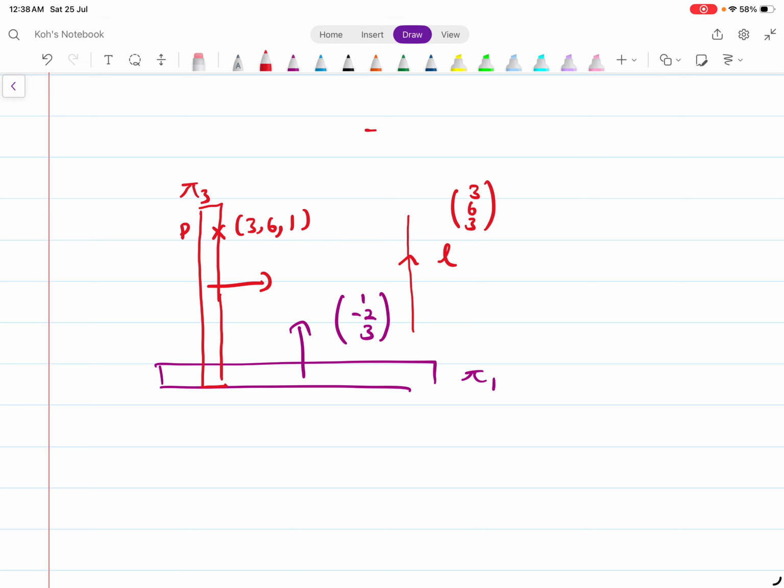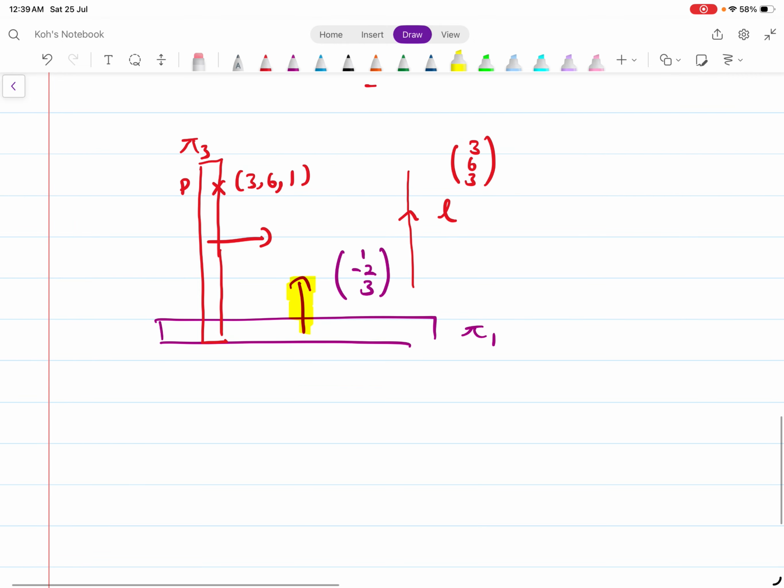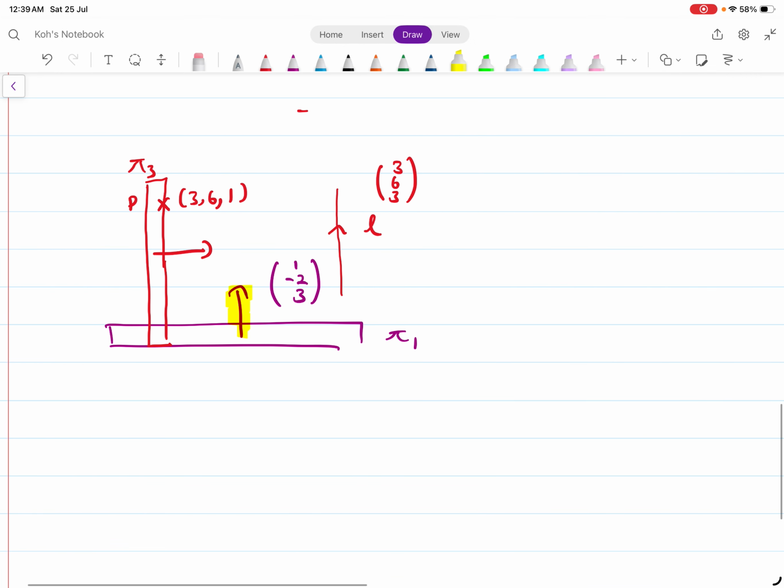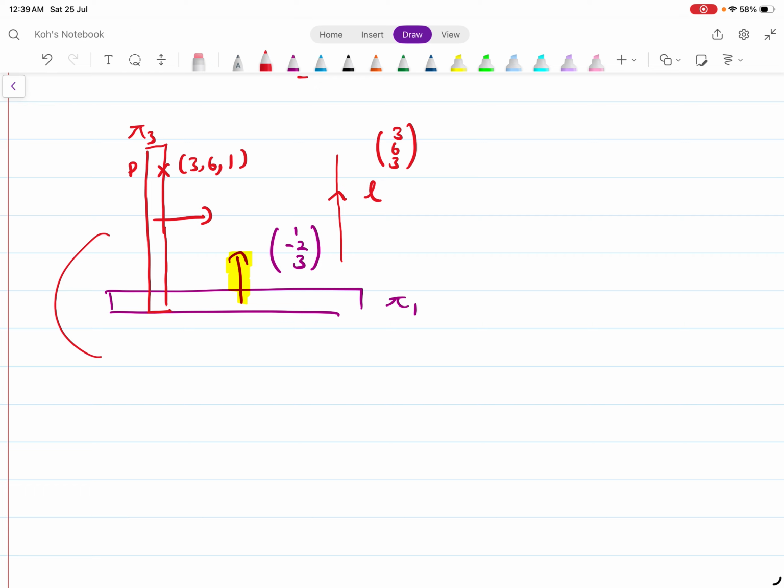So we need to find the Cartesian equation. First thing first, you can see that (1, -2, 3) is actually one of the direction vectors of plane 3. So let me also draw the 3D view of plane 3.